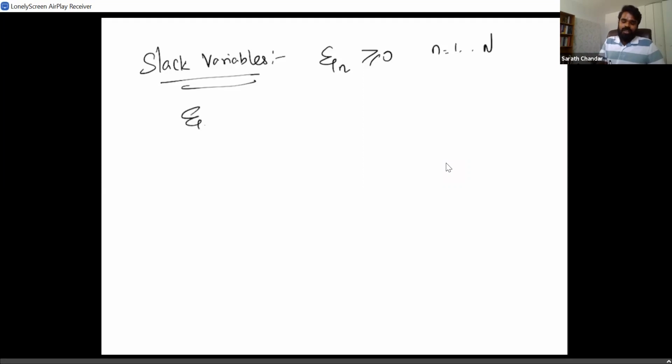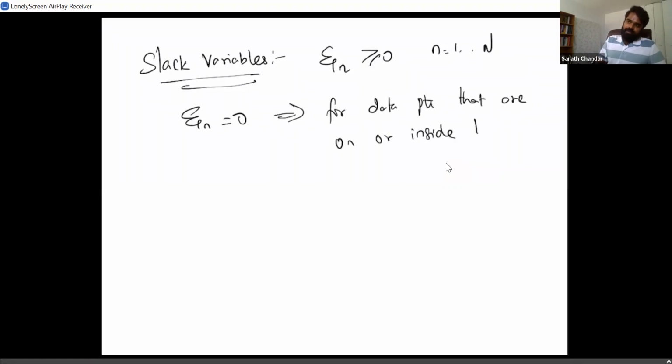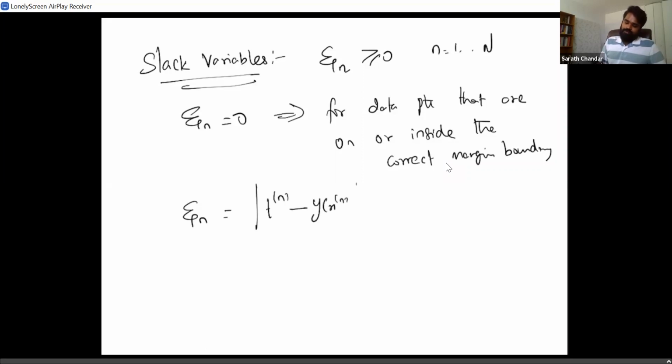If epsilon n is equal to 0, that is for data points that are on or inside the correct margin boundary. So if a data point is in the margin or inside the margin, the slack variable is 0. On the other hand, epsilon n is defined as the absolute value of t of n minus y of xn for other data points.